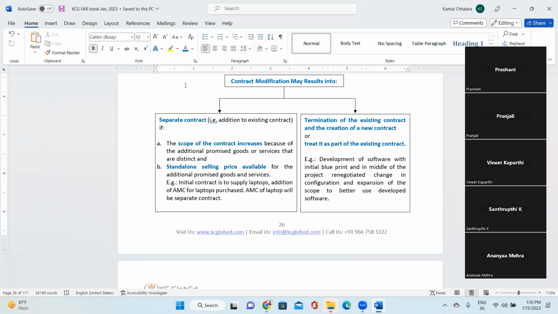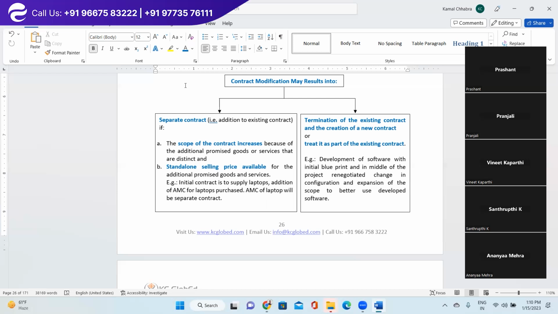In addition to that, I offer AMCs also, and you entered into a separate contract to purchase the AMC, for which I need to give the service over a period of time, right? Then this AMC agreement is considered a separate agreement because the goods and services are separately identifiable and they have a standalone selling price.